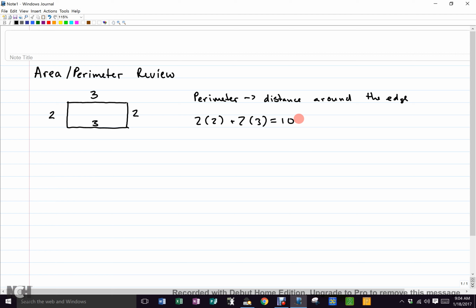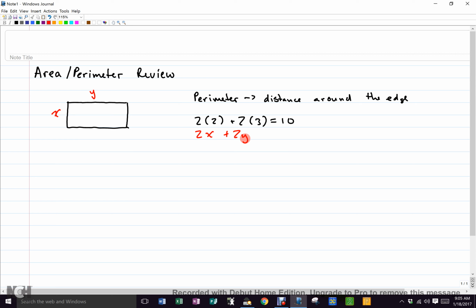Now, what if I told you that this side was not 2, but was x, and this side was not 3, but it was y? Then what would it be? It would be 2x plus 2y, wouldn't it?